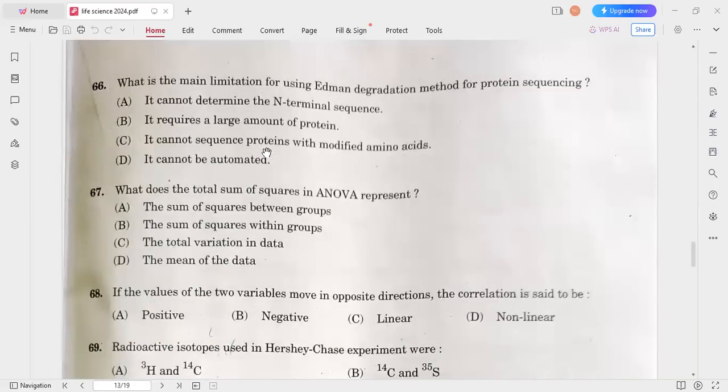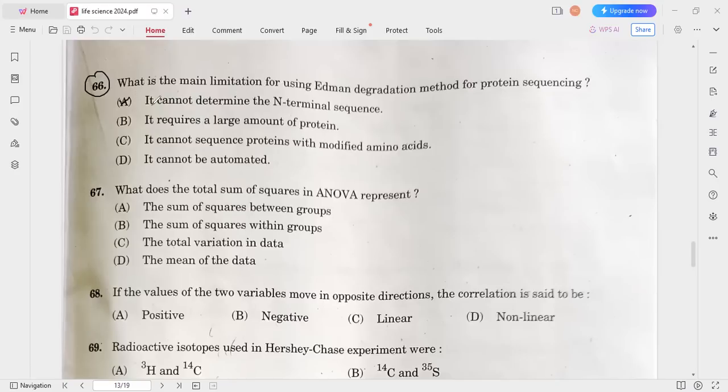So what is the main limitation for using Edman degradation method for protein sequencing? To find out the protein sequence, this is one of the methods, that is Edman degradation. So for the answer, the options are: A, it cannot determine the N-terminal sequence.